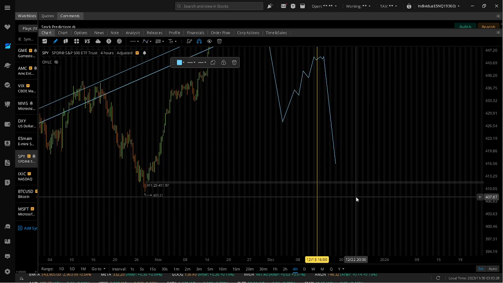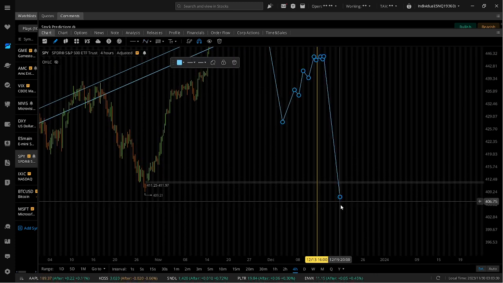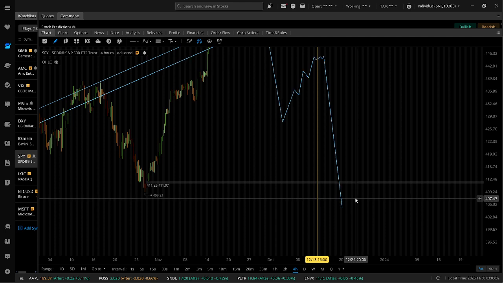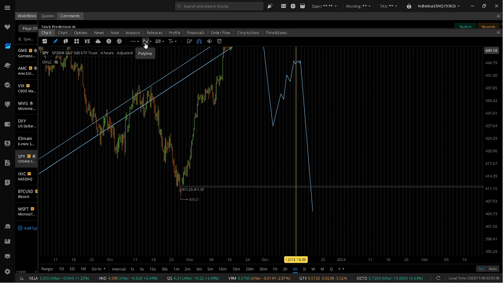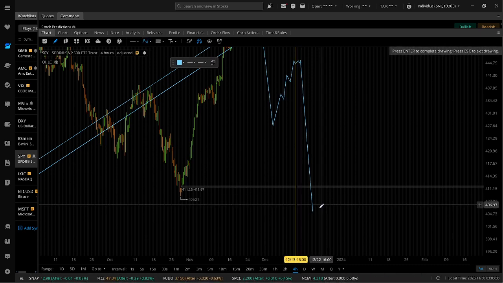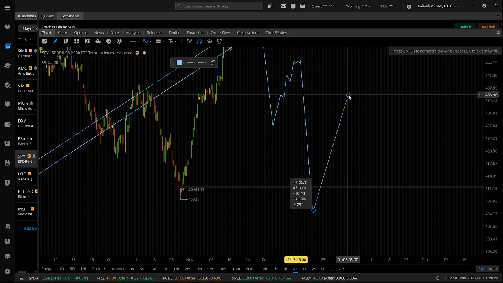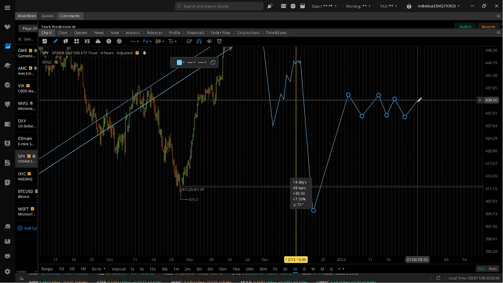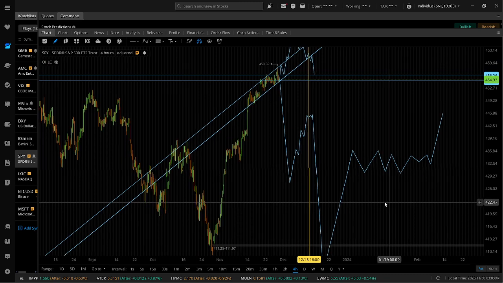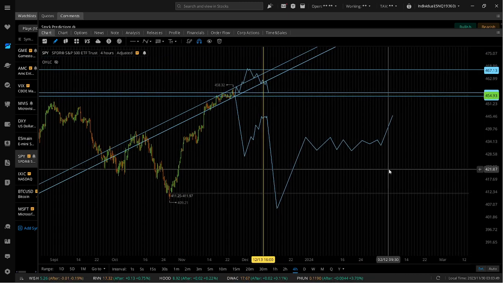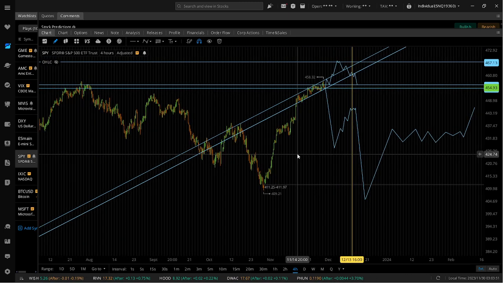Then that's where it will drop and make a lower low, and then the sequence is over. The whole rally sequence is over, and then we'll get a retrace into consolidation, and then the next bull market will start to form.